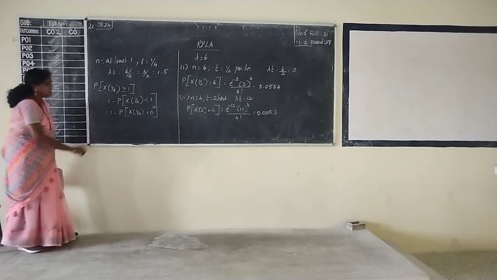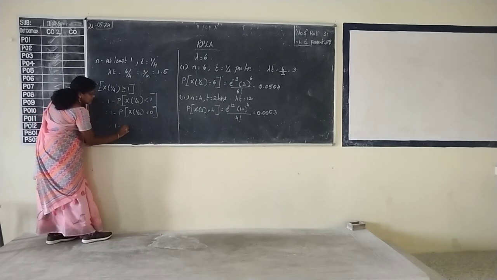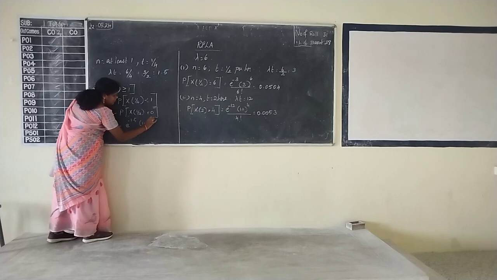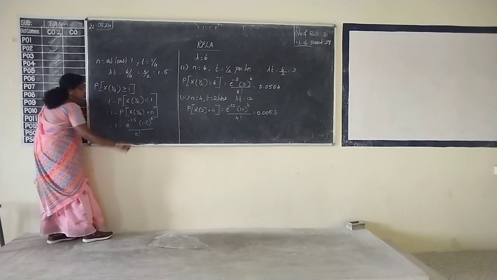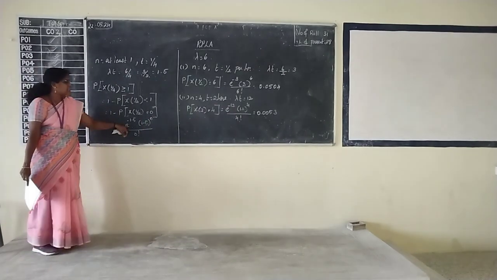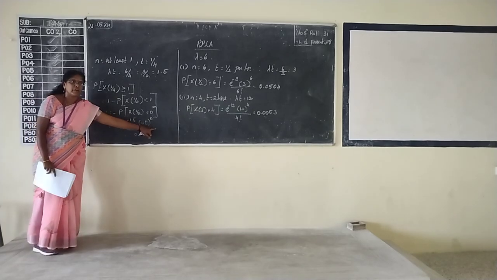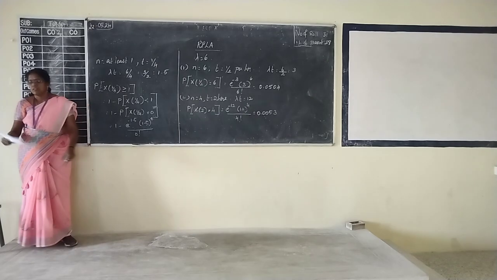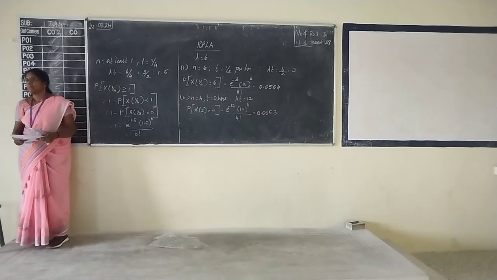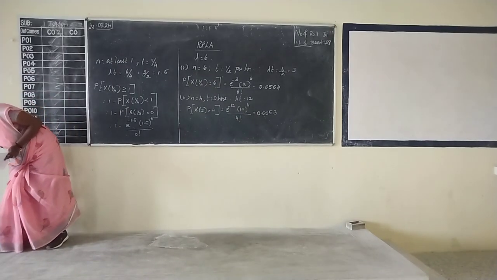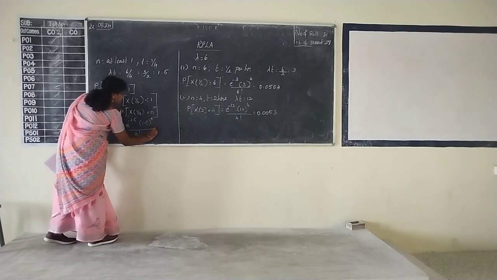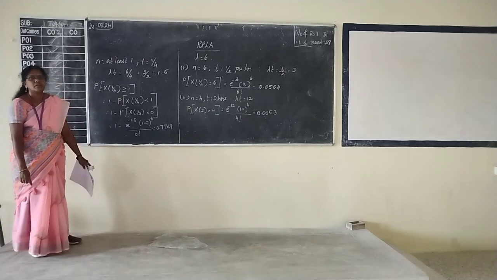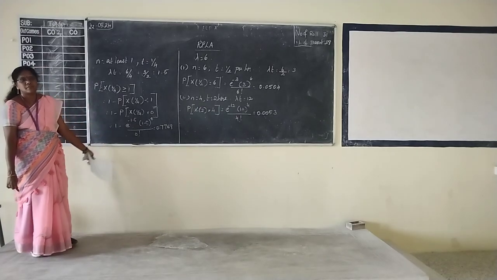Now substitute your formula: 1 minus e power minus 1.5, 1.5 the whole power 0, by 0 factorial. That is e power minus lambda t, lambda t the whole power n by n factorial. Here the n value is 0. The answer is 0.7, same answer.